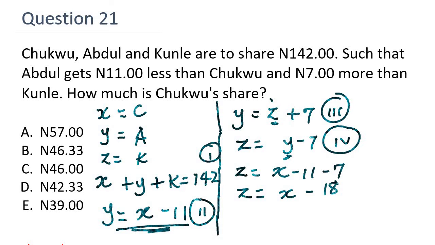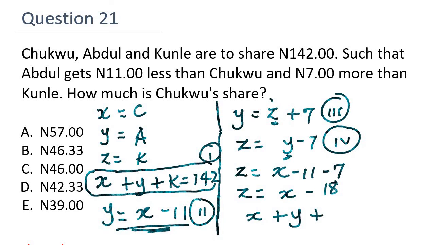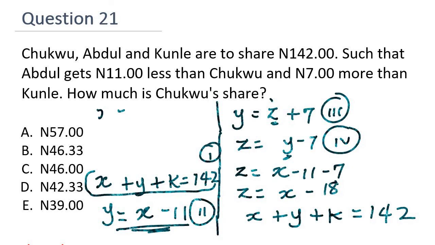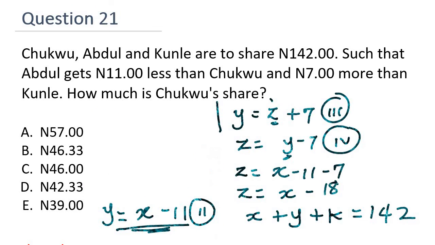Remember, yeah, we are almost done. We can now go back to the original equation, which is equation 1. Since X plus Y plus Z is equal to 142, you can always go back if you get confused.